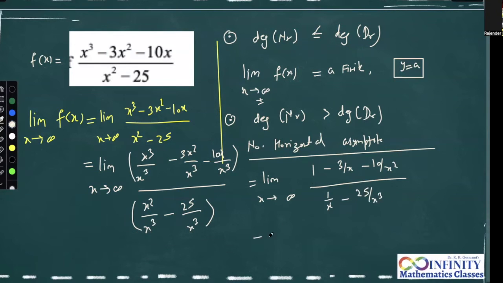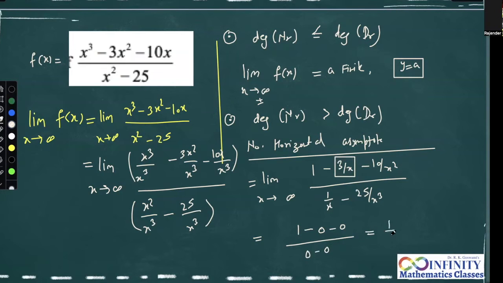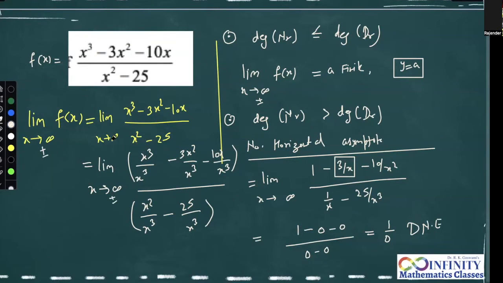Applying infinity, the numerator is 1 minus 0 minus 0, since 3 upon infinity is 0. The denominator is 0 minus 0. So it is 1 over 0, which does not exist. Because the limit is not finite, even with positive or negative sign, there is no horizontal asymptote.